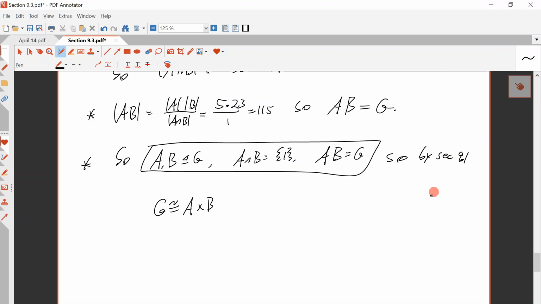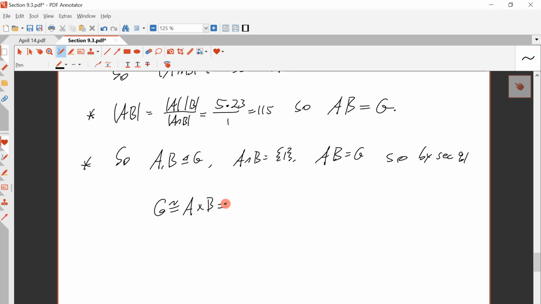By section 9.1, that's an important theorem. So G is isomorphic to A cross B, which is Z5 cross Z23. And since 5 and 23 are relatively prime, this is just Z115. So for groups of order 115, you've only got this cyclic group.